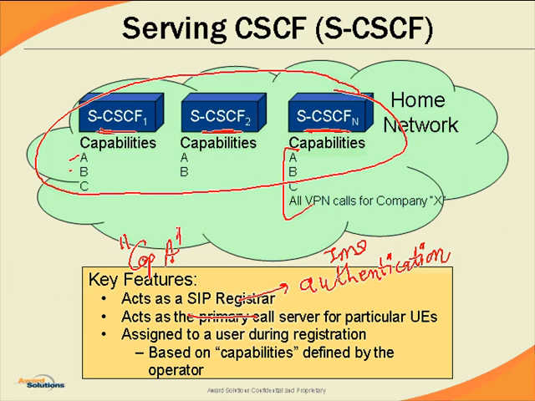Now we got one question: how does the MME know what proxy CSCF address to put in the accept message? Very good question. This MME belongs to the visited network, right?